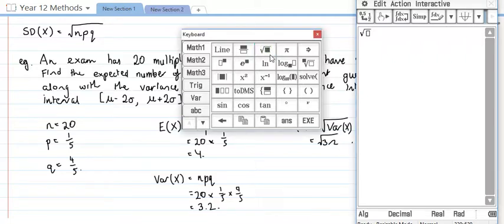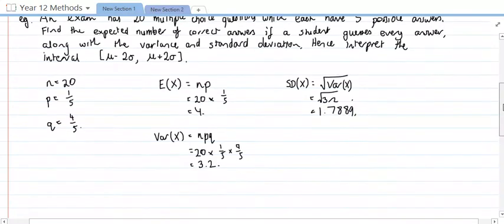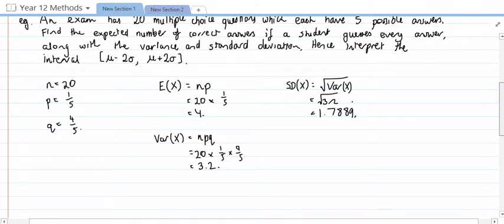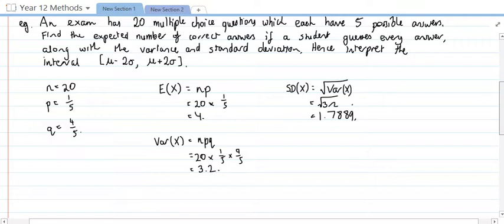So the square root of 3.2, and I've got that set to decimal, so that's all good. And the answer is 1.7889.